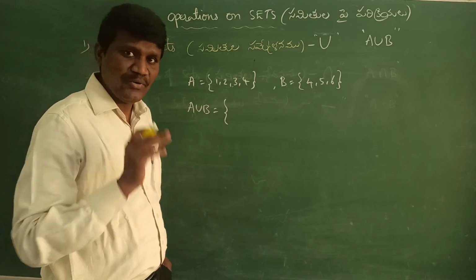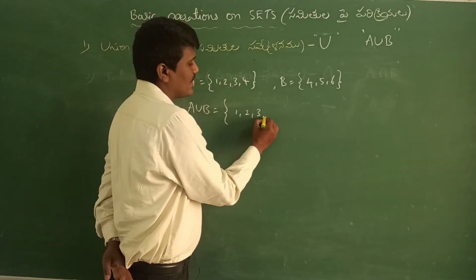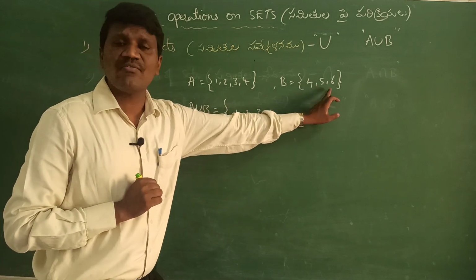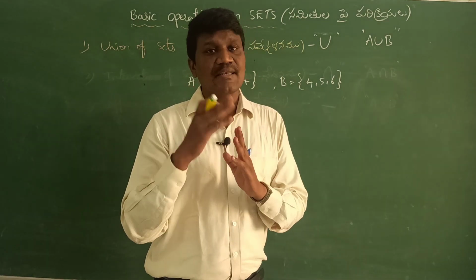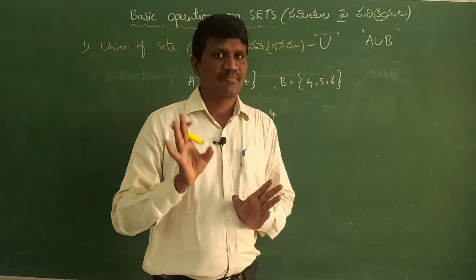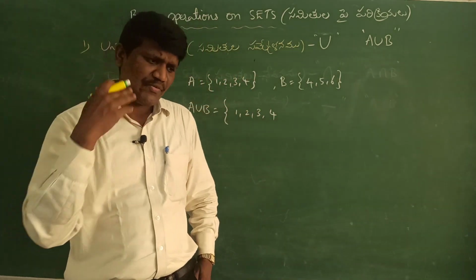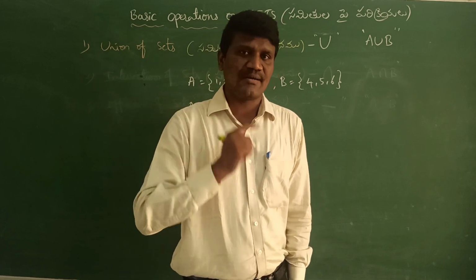First, write all the elements of A: 1, 2, 3, 4. Completed. Next write all the elements of B. But here one thing you should note down: if any element is repeated, you need not write it. Already we know that in any set no elements will be repeated.